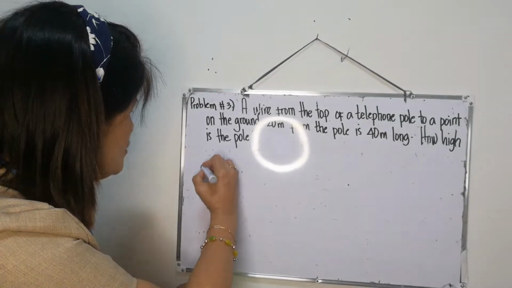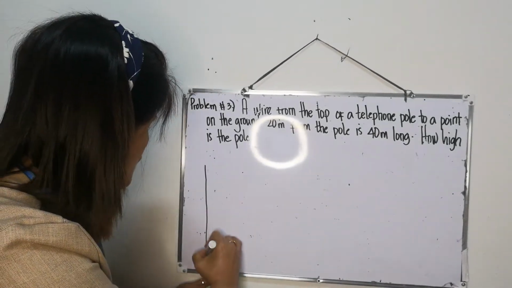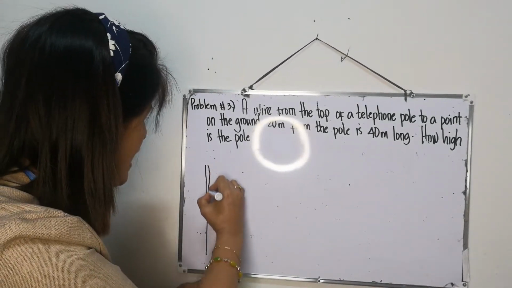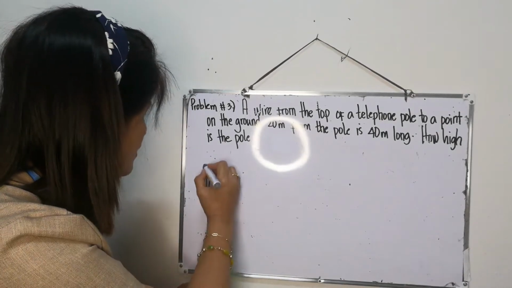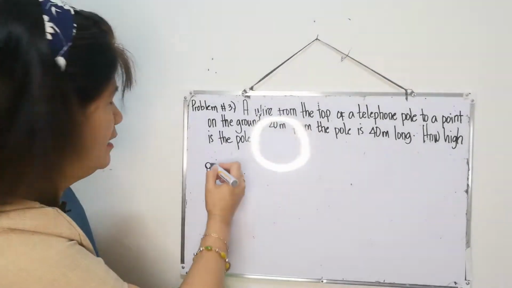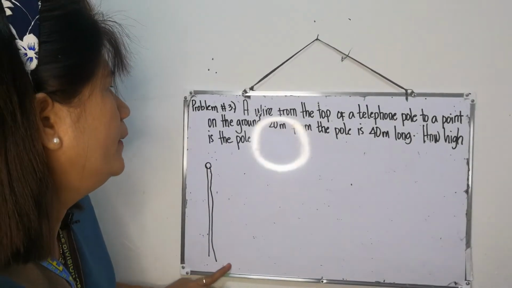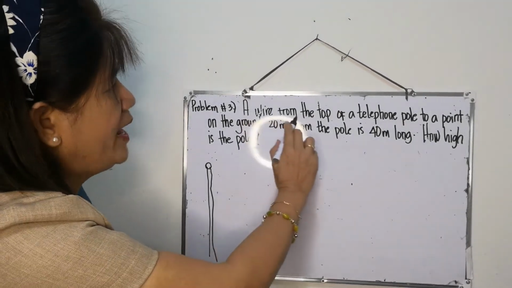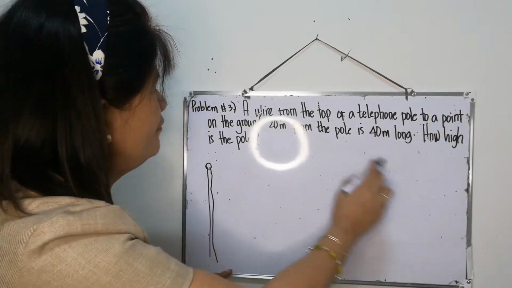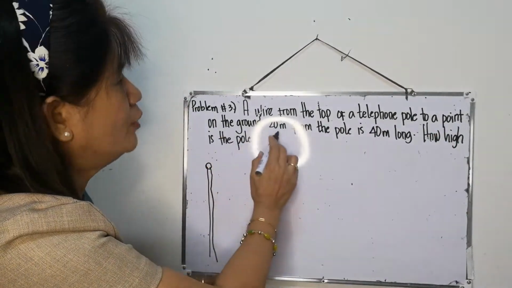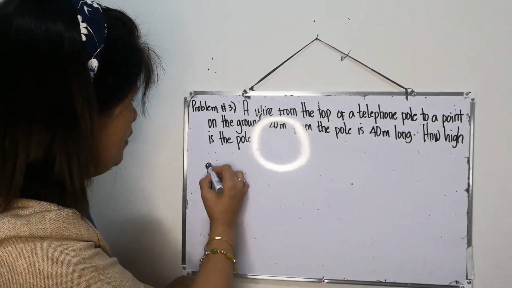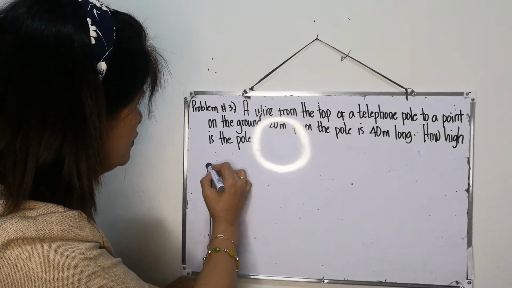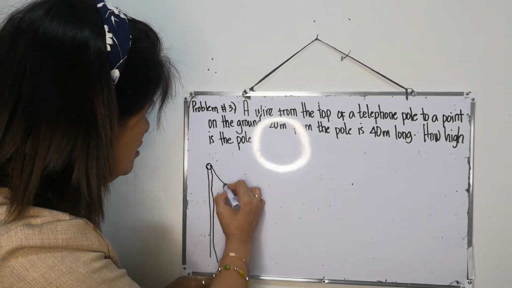So, if we illustrate that, suppose this is the telephone pole. Yan. Telephone pole. A wire from the top of the telephone pole to the ground, 20 meters. So, maliwanag na, halimbawa ito yung tali, no?